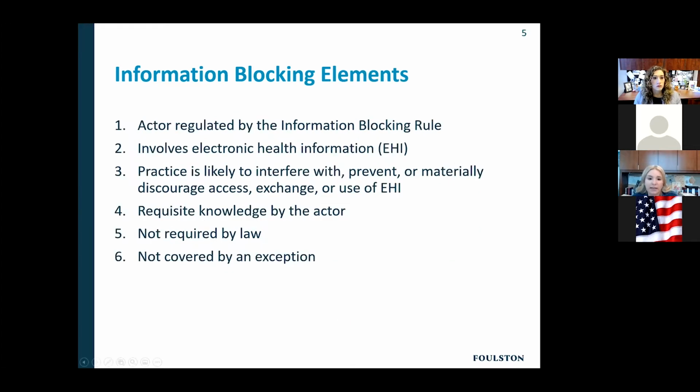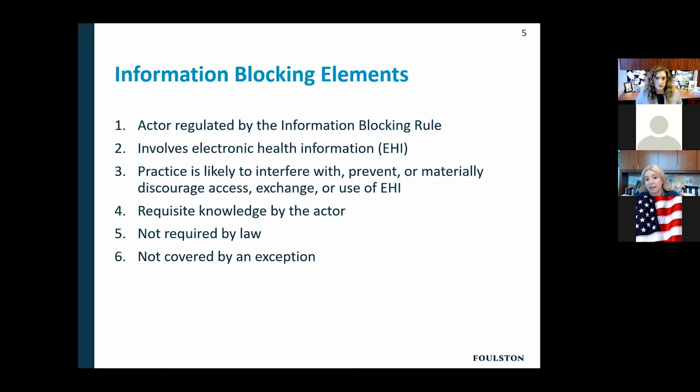So here are the key elements of information blocking that we're going to walk through this morning. First, you actually have to be an actor covered by the information blocking rule. Spoiler alert, healthcare providers are covered, so there's not a whole lot to discuss with respect to that item. It has to involve electronic health information, and EHI is specifically defined under the rule.